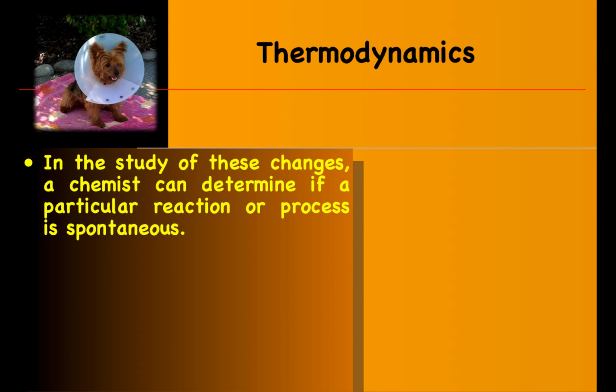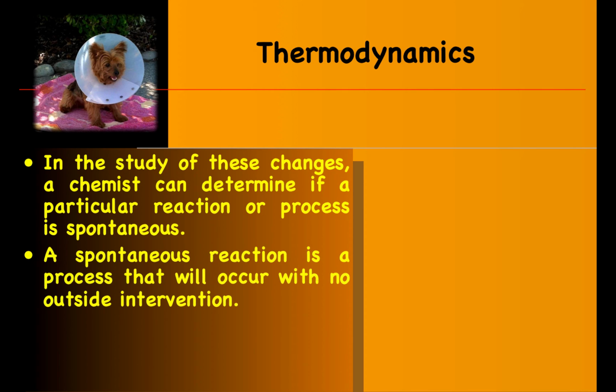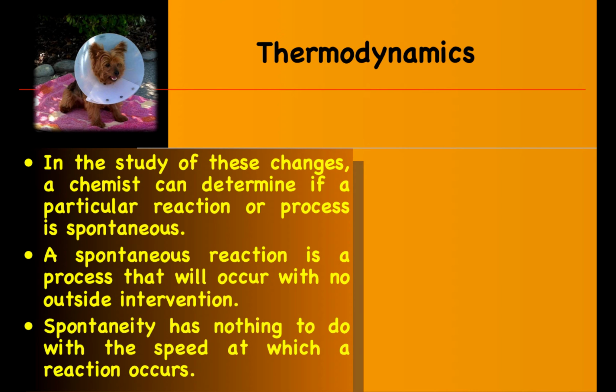In the study of these changes, a chemist can determine if a particular reaction or process is spontaneous. A spontaneous reaction is a process that will occur with no outside intervention. Spontaneity has nothing to do with the speed at which a reaction occurs.